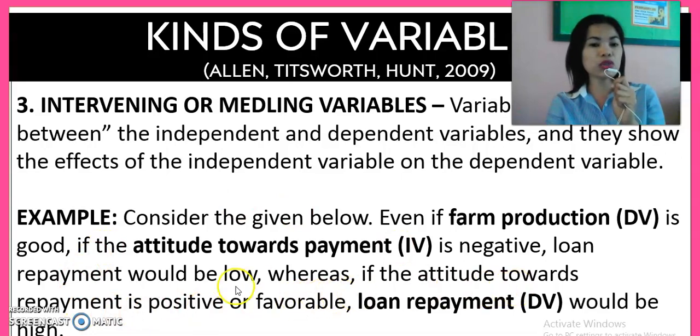Whereas if the attitude towards repayment is positive or favorable, loan repayment would be high. The farm production is one variable, and we are after the loan repayment. The attitude towards repayment is the intervening, meddling variable that stands in between.